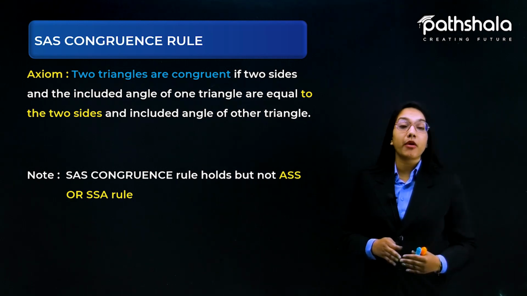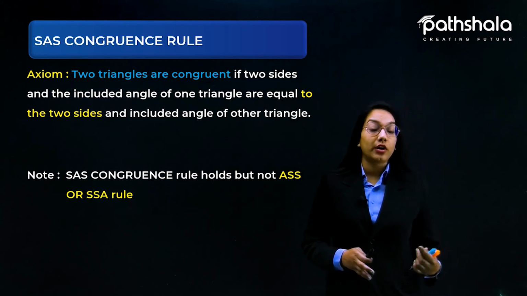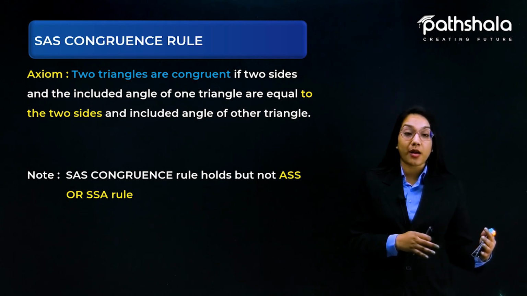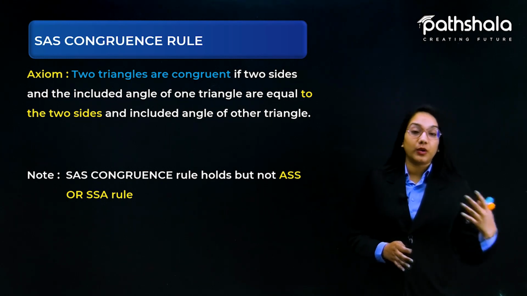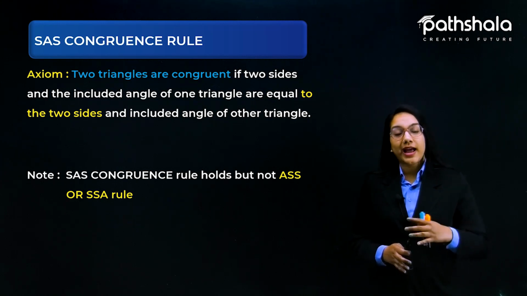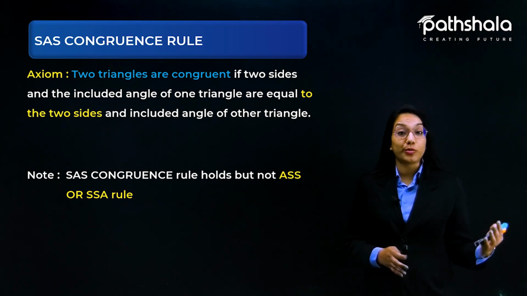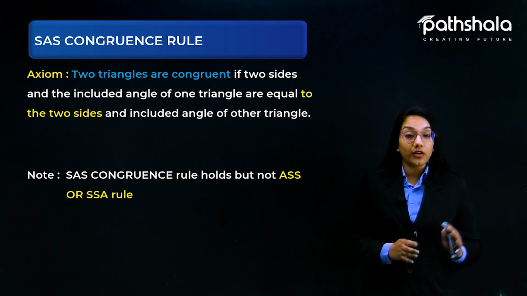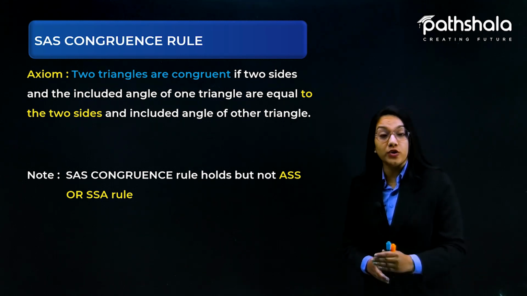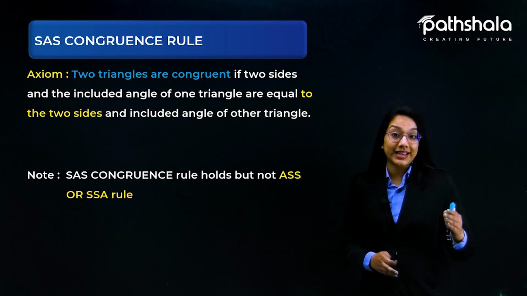Whenever the two sides and an angle of one triangle are equal to the angle and two sides in another arrangement, those triangles are not called congruent. So always remember, the SAS congruence rule holds only, but not ASS or SSA.